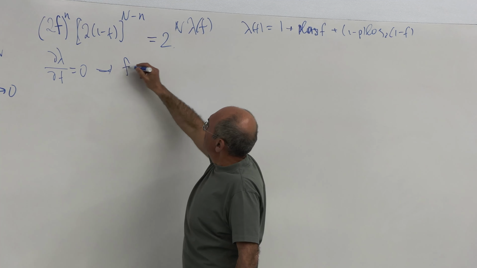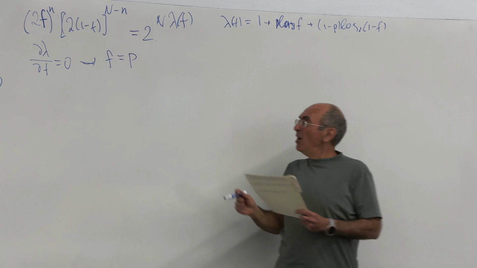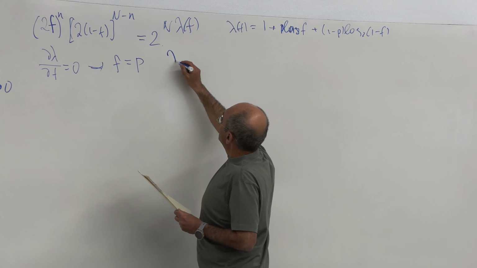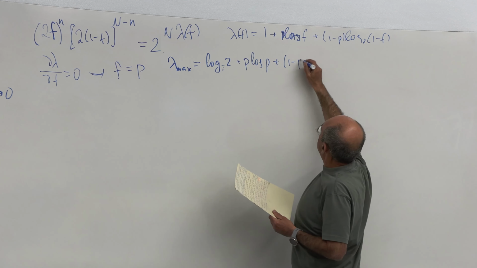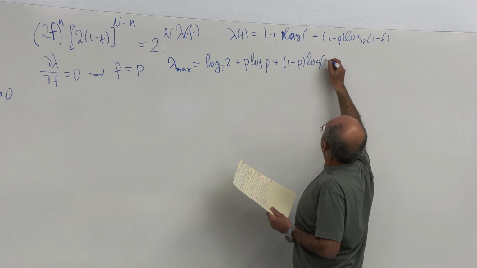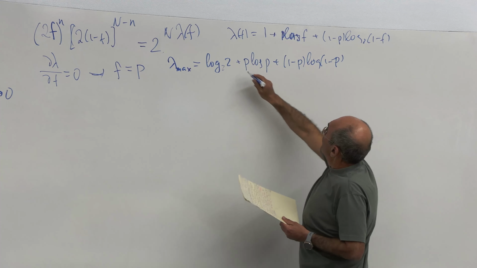It's called proportional gambling. Now when you look at it, your lambda maximum, let me write it somewhat idiotically, is log 2 of 2, which is this unity, plus p log p plus (1 minus p) log (1 minus p). What is this?